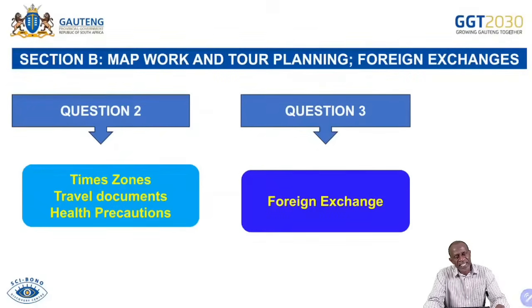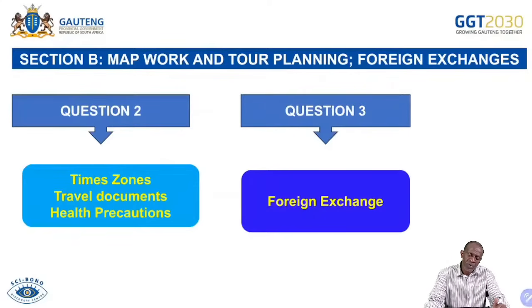Section B is the second section of your question paper, and it entails map work and tour planning, and it also combines foreign exchange in it. So there are basically two questions that section B consists of.